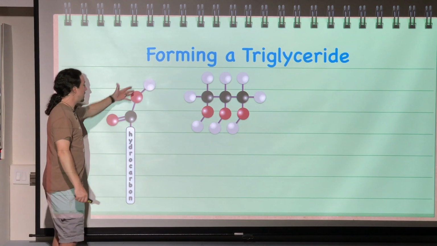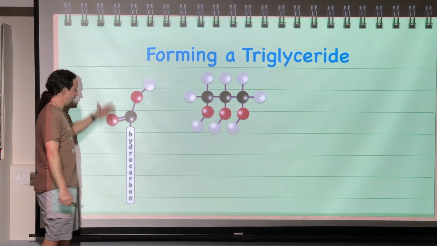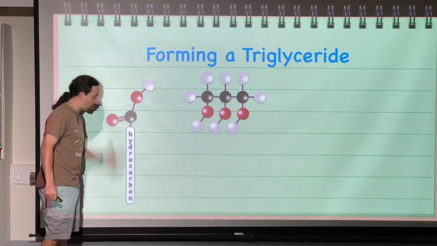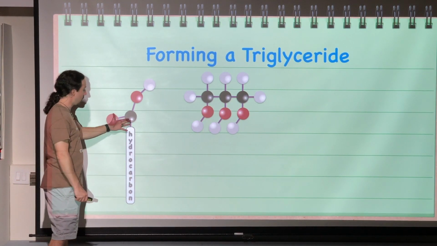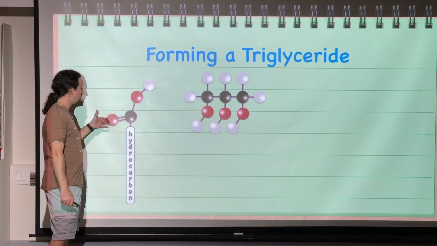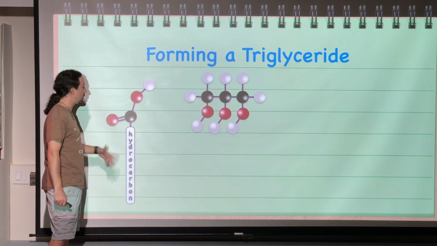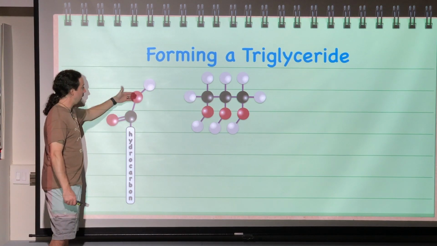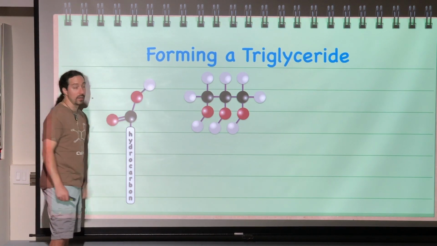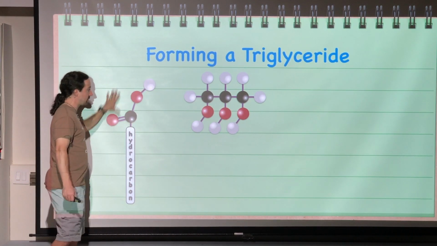Next, we're going to take our fatty acid. And here, I didn't feel like actually drawing out the hydrocarbon chain. It also would have taken up too much space. So I just wrote hydrocarbon. This is our carboxyl group right here. We have the carbon double bonded to the oxygen, and then another hydroxyl group right here. That is what makes up a carboxyl.